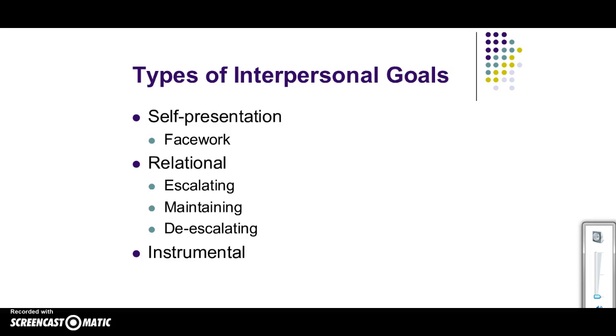And in this case, in North America, instrumental goals are generally the most salient during interactions that we have. So here, we usually put our self-advancement goals ahead of self-presentation and relational goals. Is that the way we want it? I don't know, but that's something for us to consider.